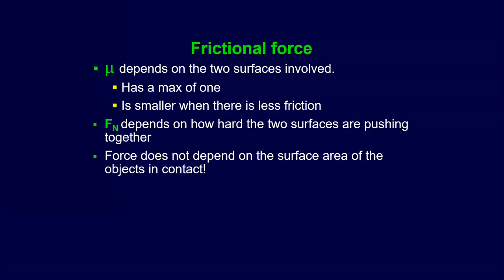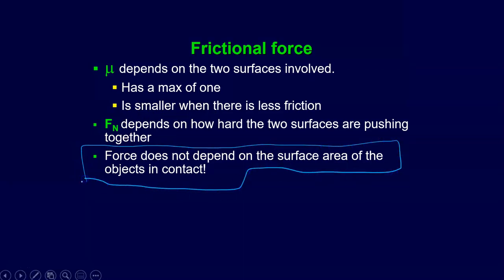The normal force depends on how hard the two surfaces are pushing together, which determines how many points of contact you have, and so how difficult it is to break those molecular bonds. And one thing that's counterintuitive is that, for the solid, non-deformable objects we're dealing with, the force of friction does not depend on the surface area of the objects in contact.